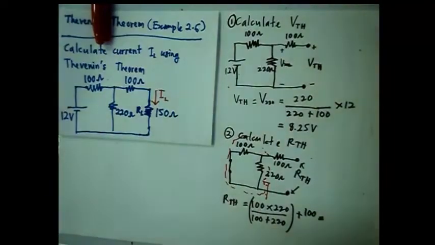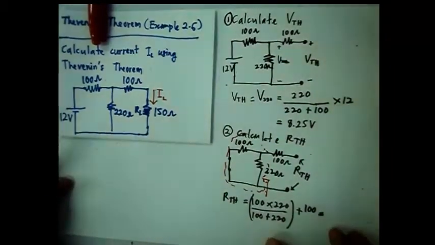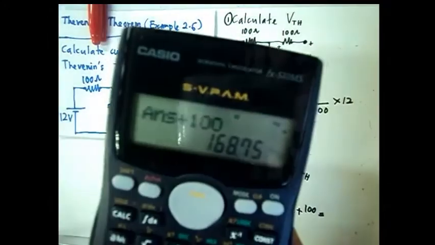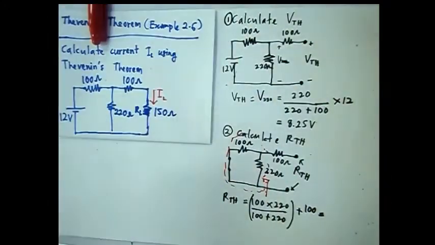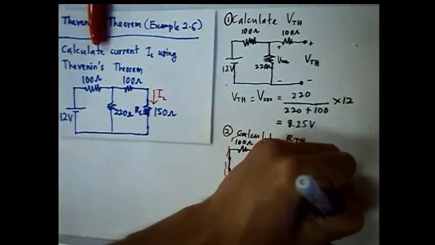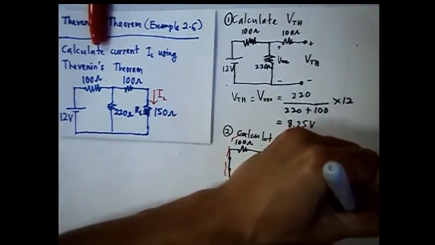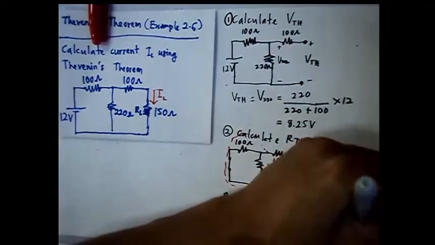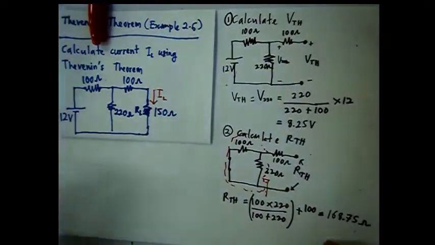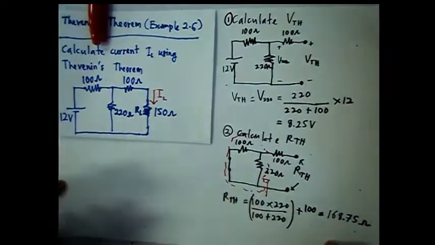So now we can calculate the RTH: 168.75 ohm. Okay, that is our VTH and RTH.